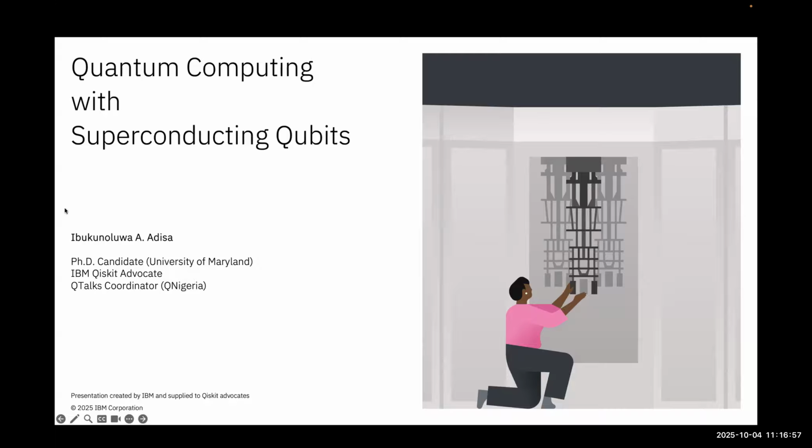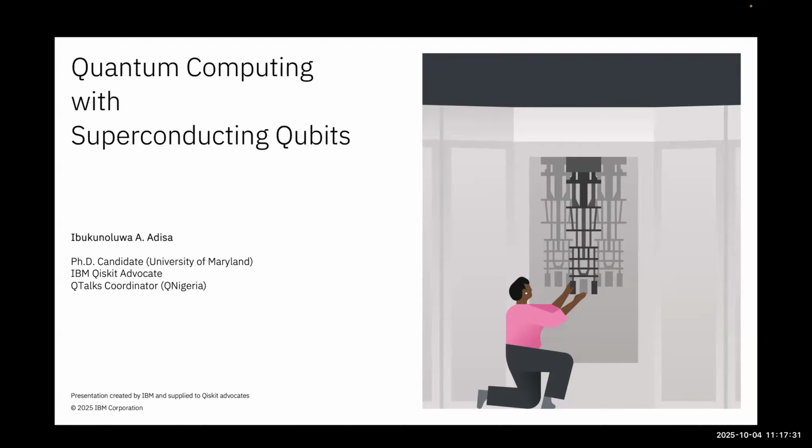So today I'll be giving a talk on superconducting qubits, specifically quantum computing with superconducting qubits. Since this whole thing is being organized by IBM and the quantum system they use is based on superconducting qubits, I thought it would be nice to introduce people to what superconducting qubits are.